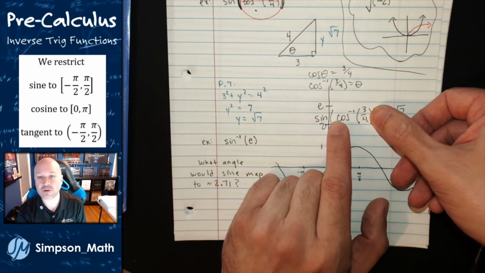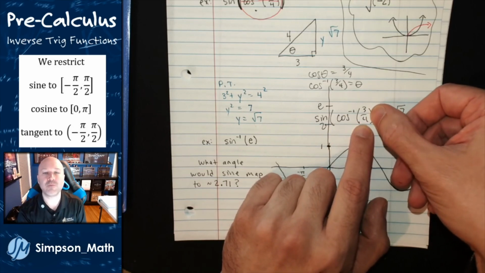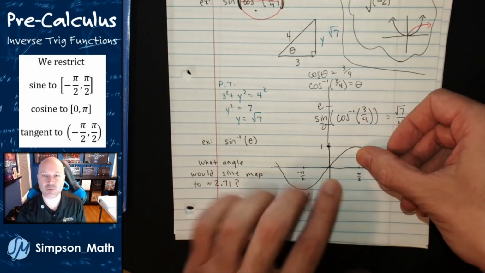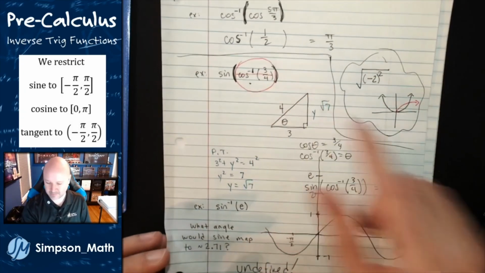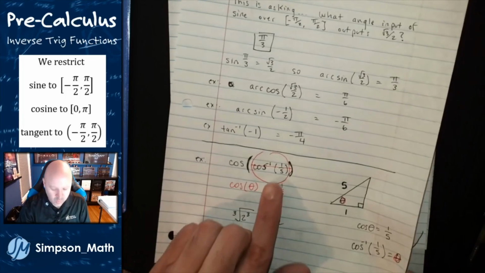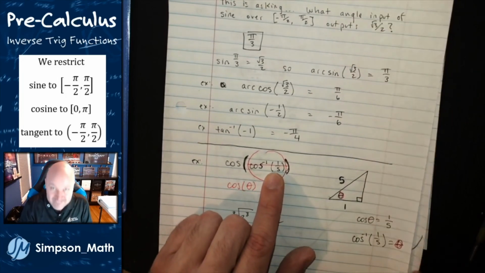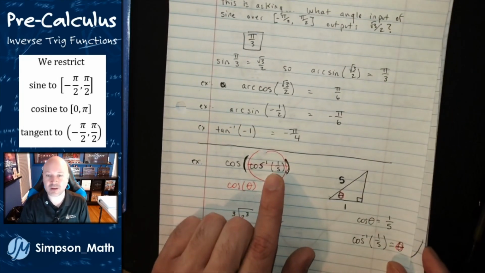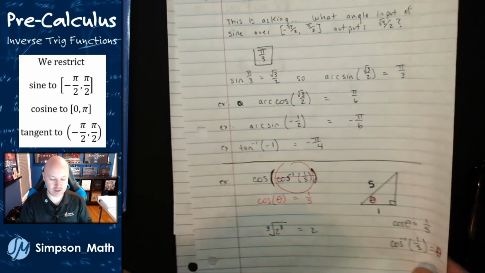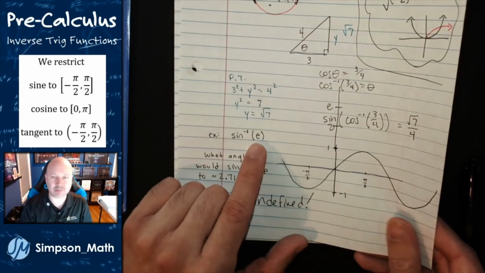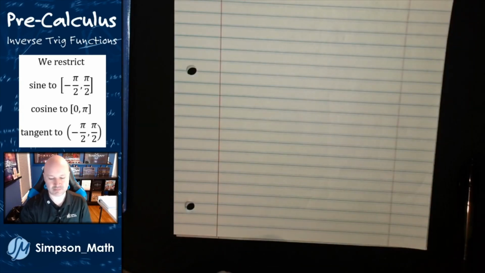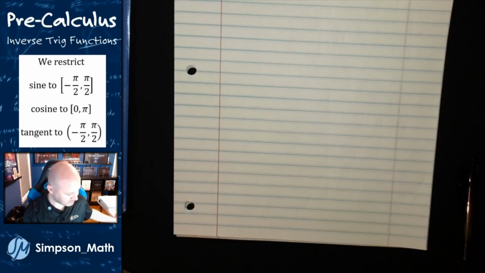I asked you for arccosine of 3/4. Well, this is 0.75. That is less than 1. 1/2, that's fine. 1/5. These numbers are all fine because they're less than 1 and not less than -1. But anything bigger than 1 is not going to happen.